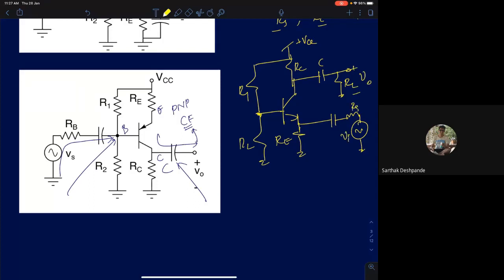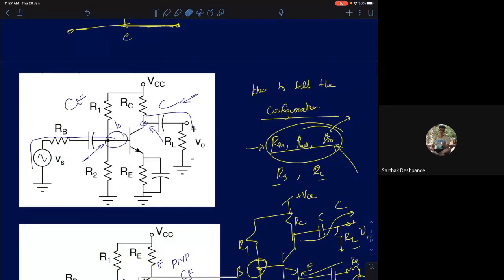See where the input is. This is emitter. Where is the output? Output is at the collector. The third terminal is base, therefore it's a common base configuration. That's it. So clear, right? You should be able to see the configuration by looking at the amplifier topology. Input, output, the third terminal will be your common terminal. That's it. Okay. Fine. So we are done now.